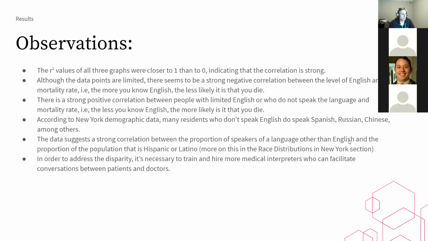Those are the 3 primary languages that we had in addition to English speakers, which I think is interesting. Spanish, I think, is expected, but Russian was unexpected from my perspective, as far as primary language spoken in New York.